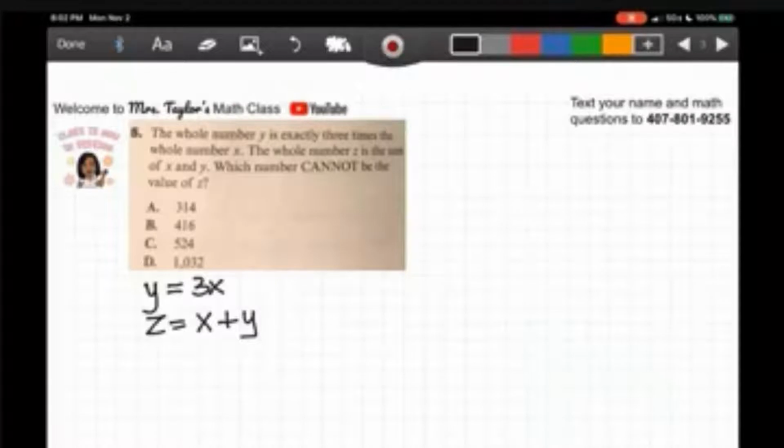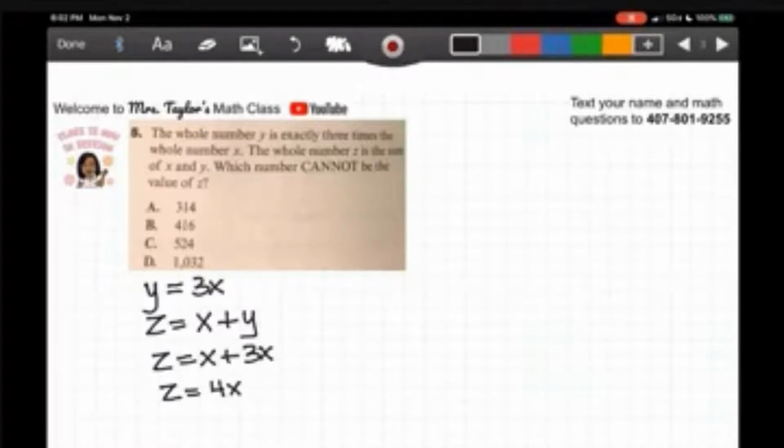So let's look at what we can do with z. With z, I can replace the y with 3x. So I'm going to rewrite this as z is equal to x plus 3x. And then I can combine these because there's a 1 in front of this x. So now z is equal to 4x.